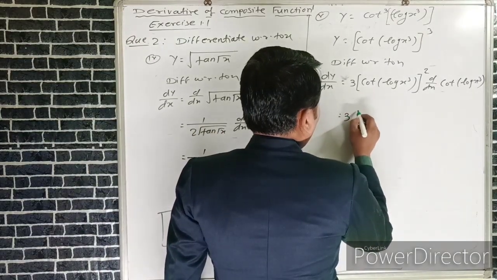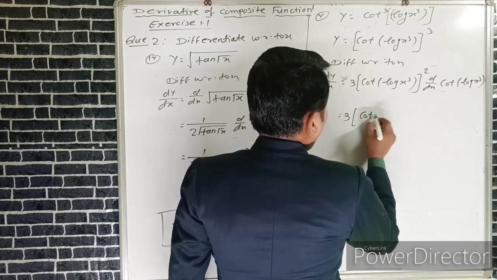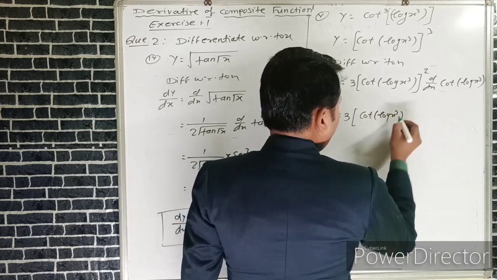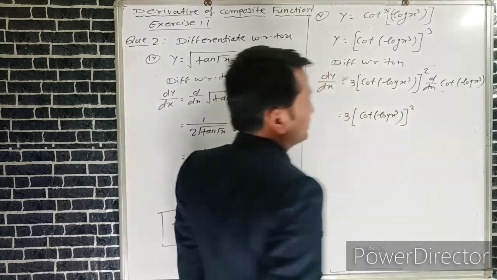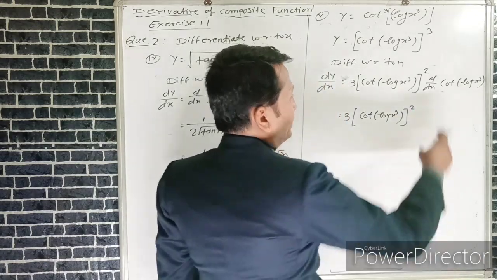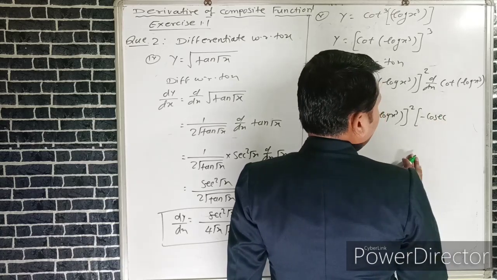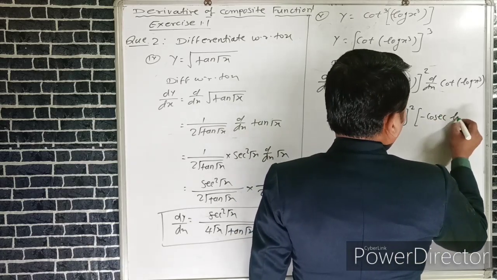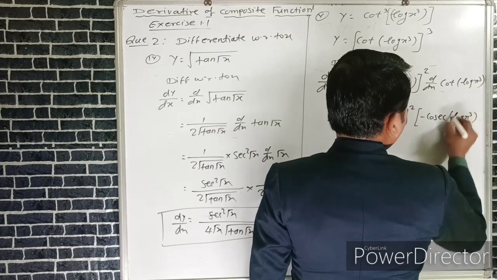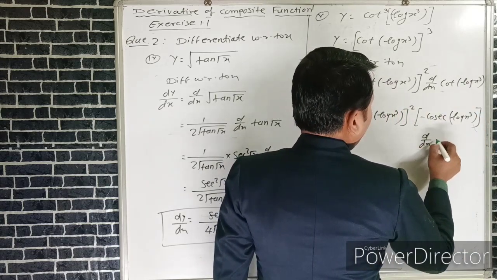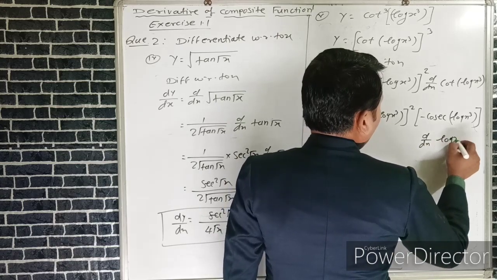3 into cot of log of x cube, whole bracket square as it is. The derivative of cot is minus cosec of log of x cube as it is, and again we take the derivative of log of x cube.